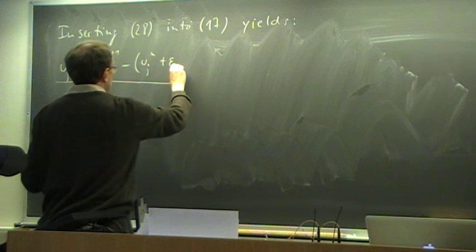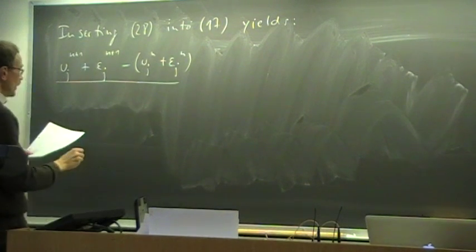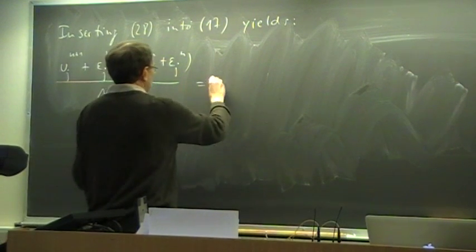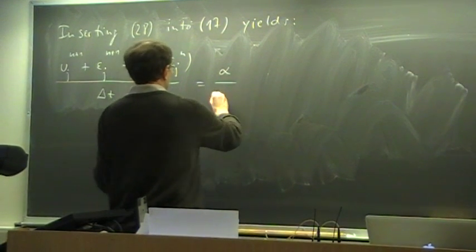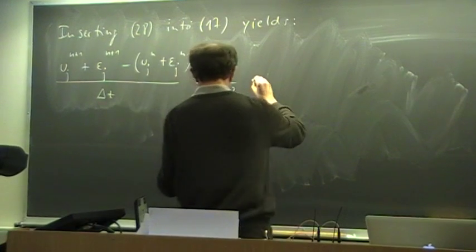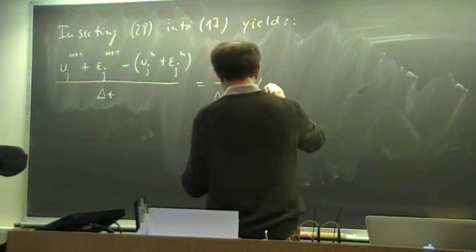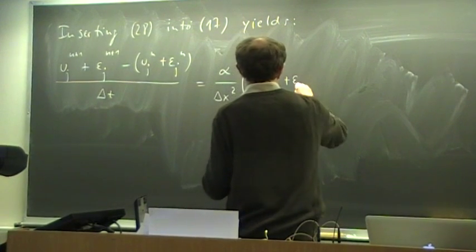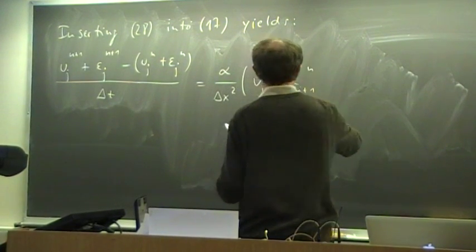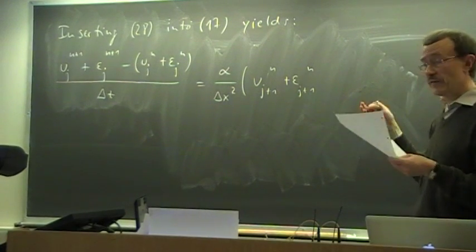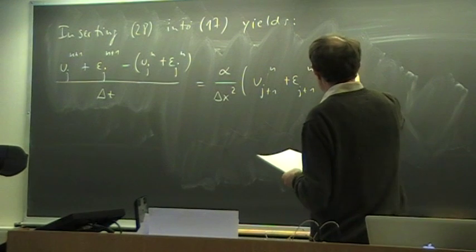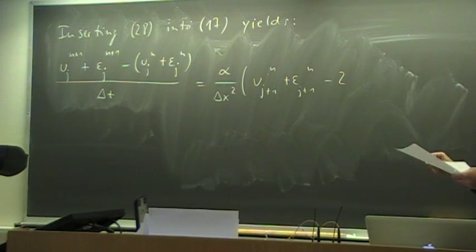So there we will have some rounding error. Then on the right hand side we have the thermal diffusivity and the grid spacing squared. And then there's also there the uj plus 1n plus the epsilon. So everywhere for any value we want to compute, we have to add the rounding error.